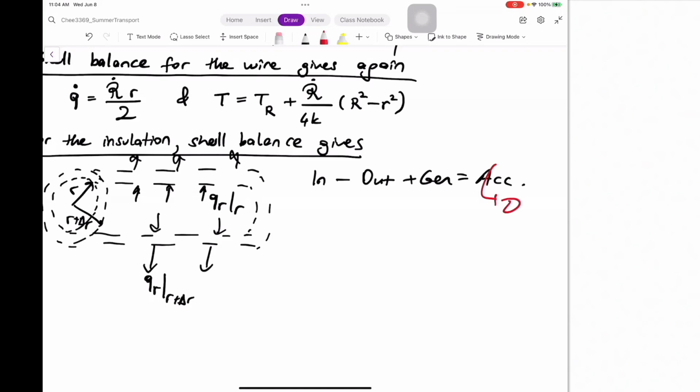Accumulation is 0, very clear and easy. Generation is 0, and you get in minus out.